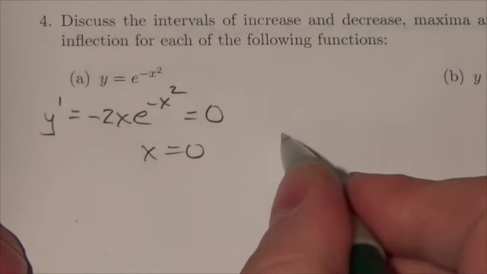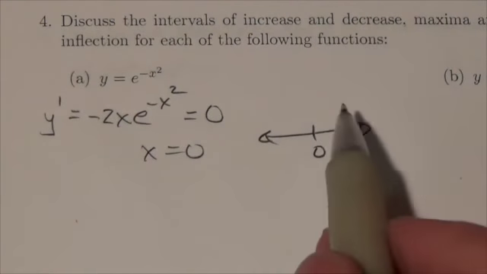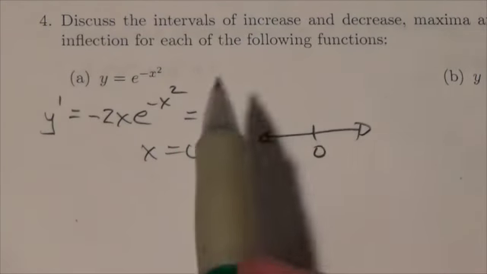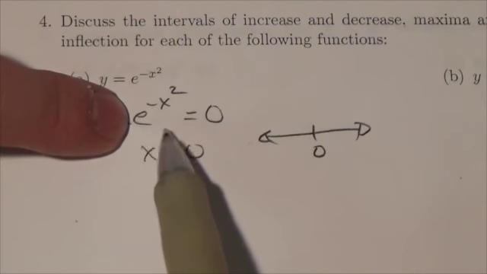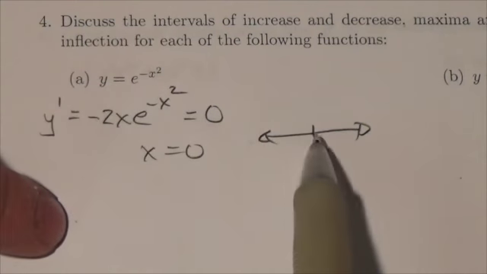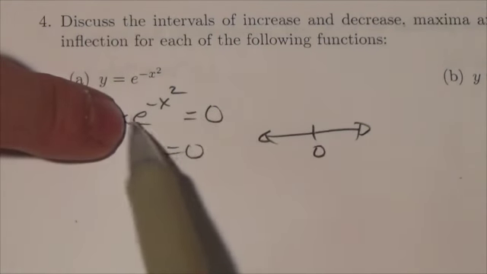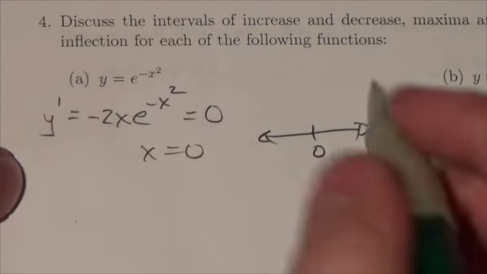Now, think about the way the number line works here. If I choose a value less than 0, up here it doesn't matter, because the exponential function is always going to be positive. It is going to matter here: negative x times negative 2 will be positive.